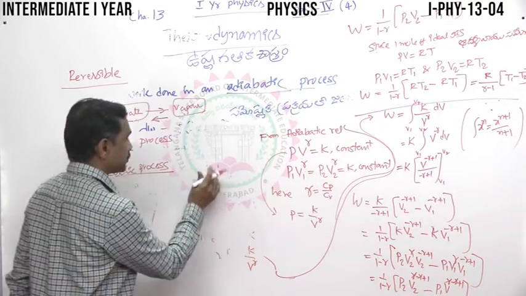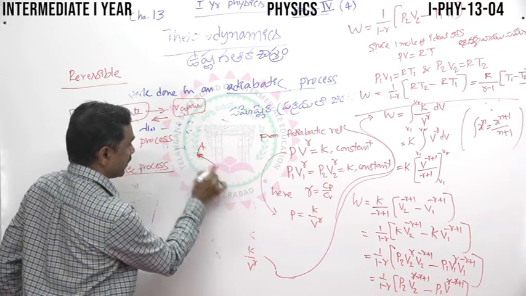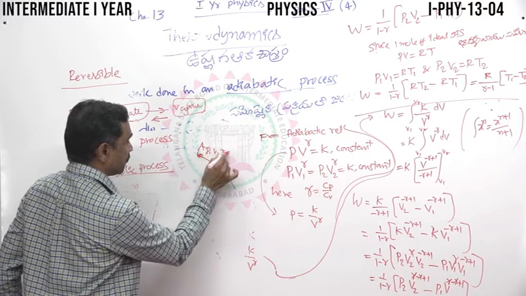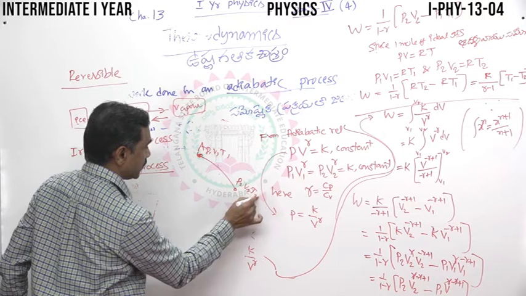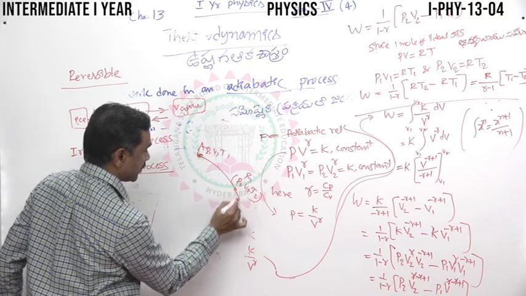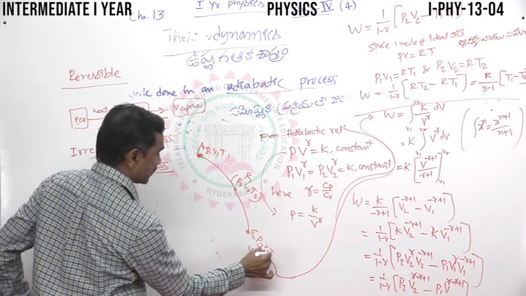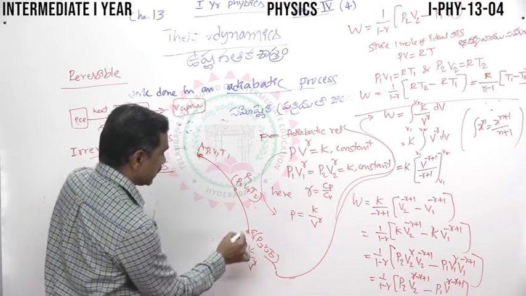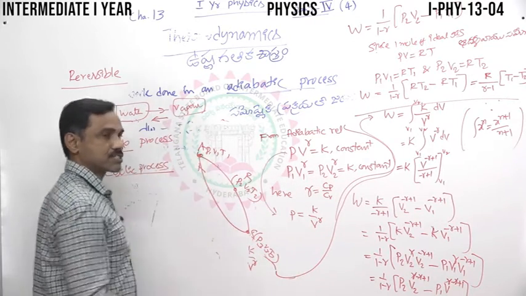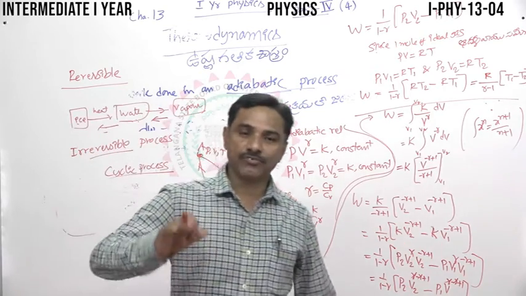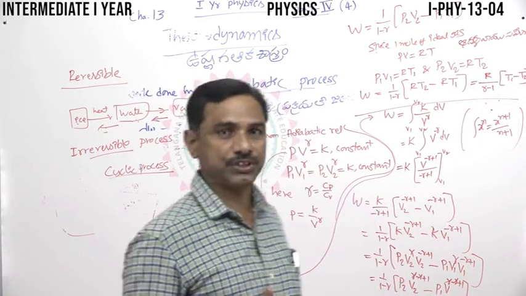For example, starting from A with P1, V1, T1, it changes to P2, V2, T2 at point B, and then again at C with P3, V3, T3, and then comes back to the starting point. The system, after undergoing various stages, returns back to the initial stage.